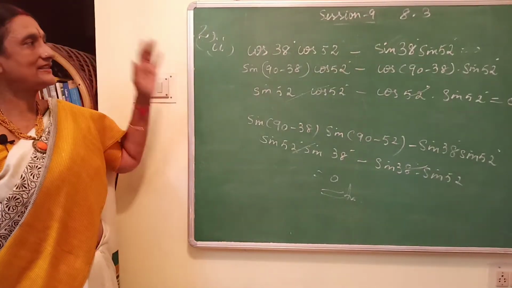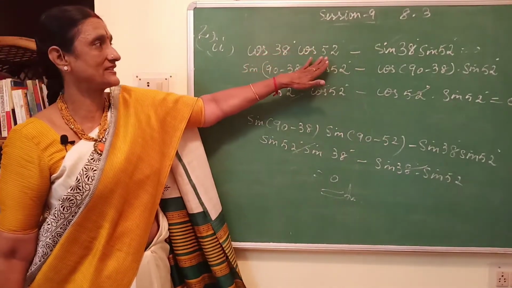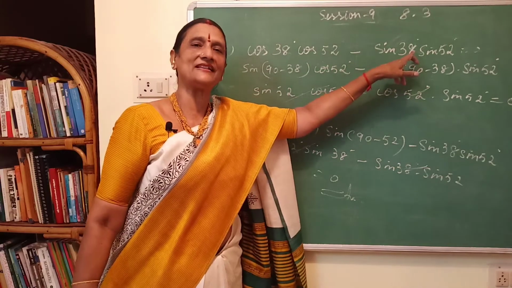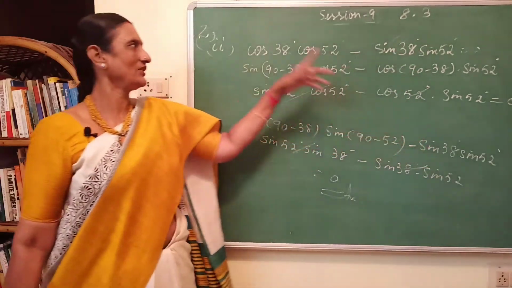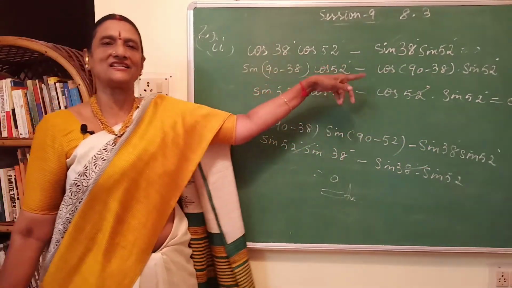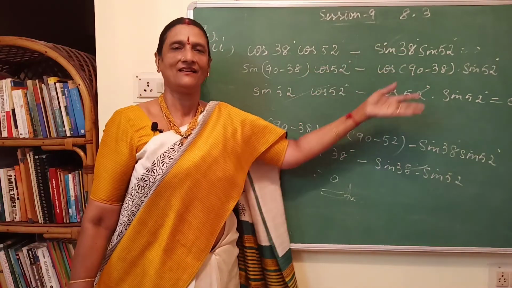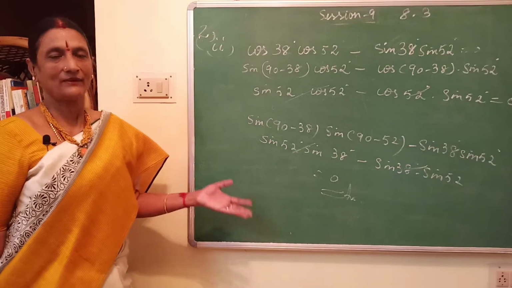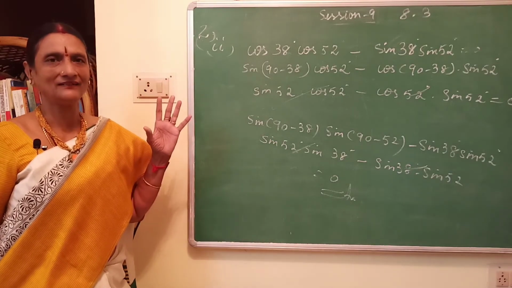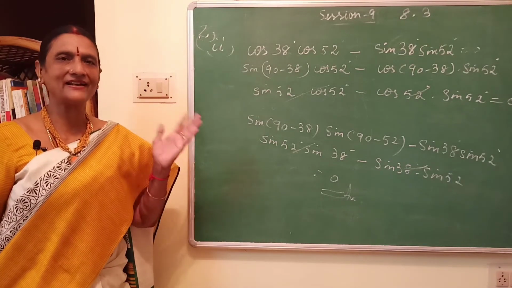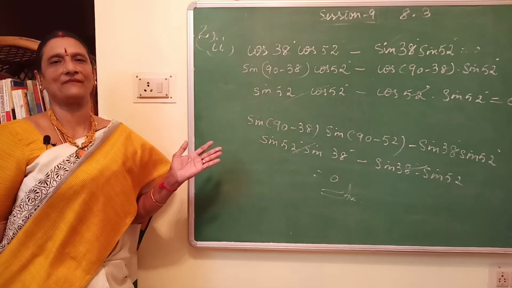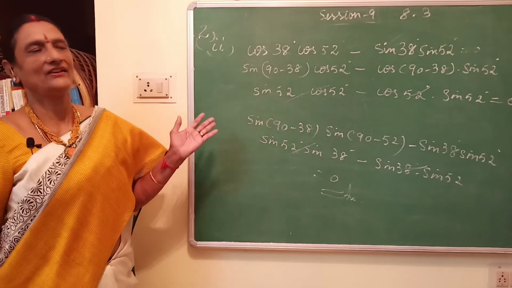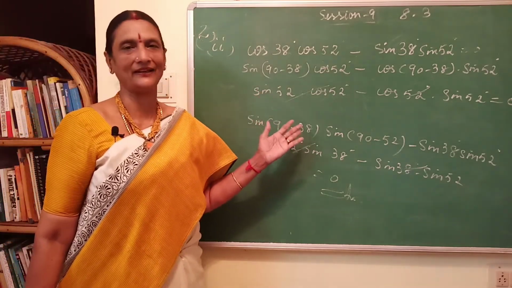If you leave the first term and reduce both these angles in terms of cos also, you will get the same as the negative term in the second place. There again you can cancel it and get the answer 0. But always you must remember to establish a correct relationship between the complementary angles that will help you to solve the sum quickly.